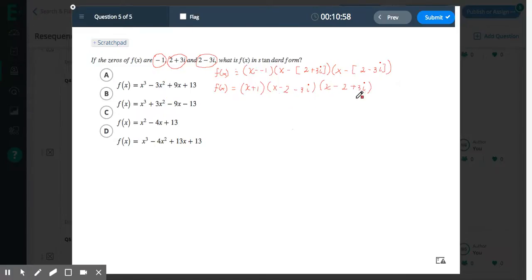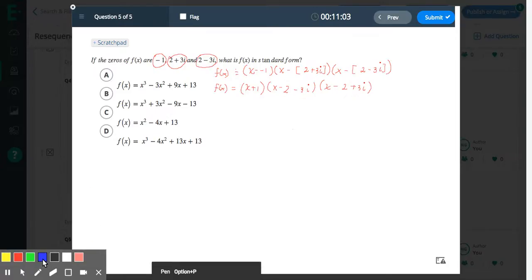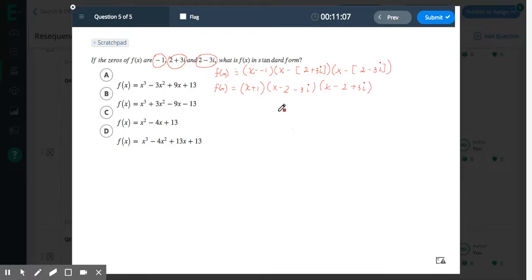So let's start off with these two trinomials here. Let's multiply them here.